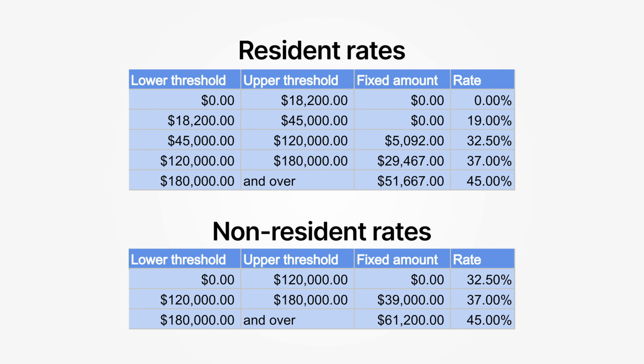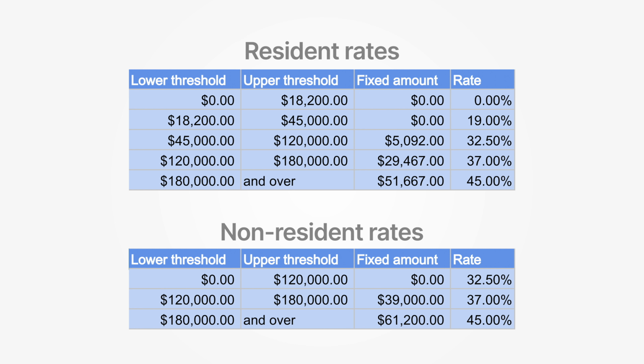This all means, of course, that the fixed amount is different, is larger, but the fixed amount is calculated exactly the same. For the second bracket, the one that applies to people making between 120,000 to 180,000, those $39,000 are, of course, 32.5% of 120,000, which is the lower threshold of the bracket or the upper threshold of the previous bracket. So it's not just some random number that the ATO comes up with, it is the tax that is paid in all of the previous brackets.